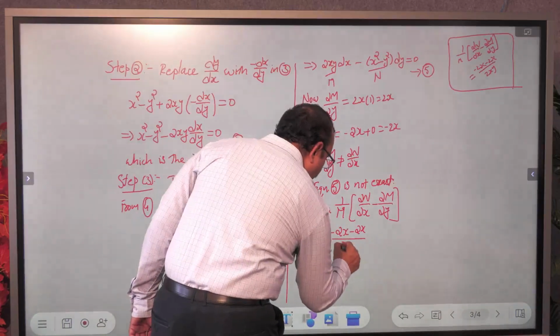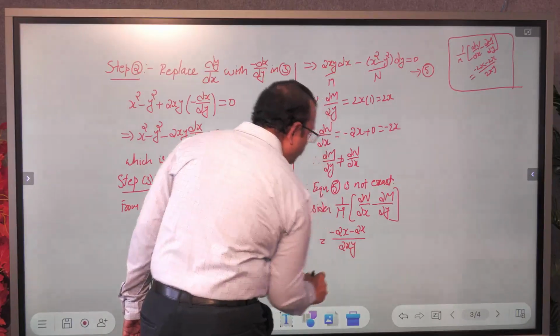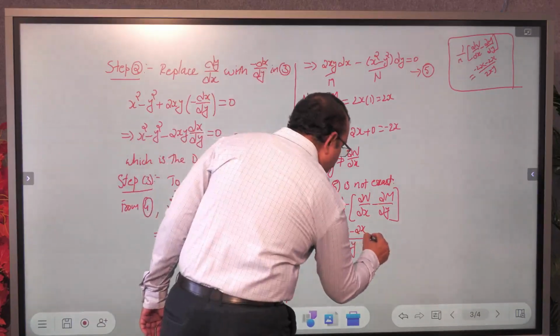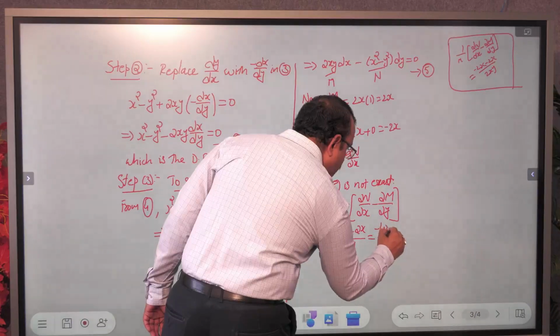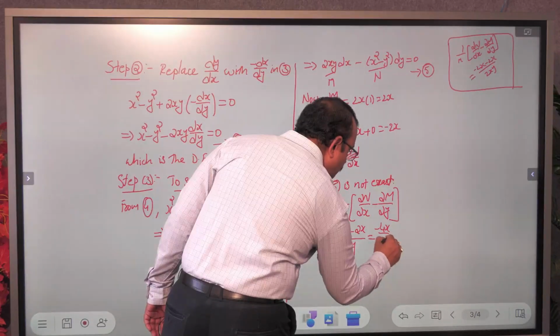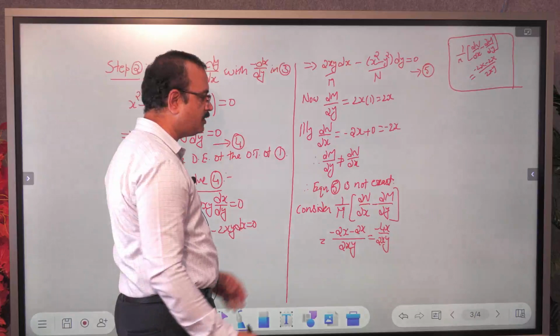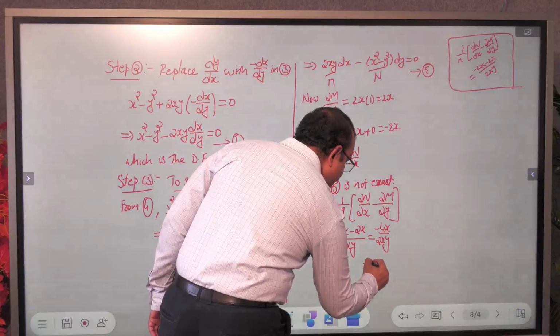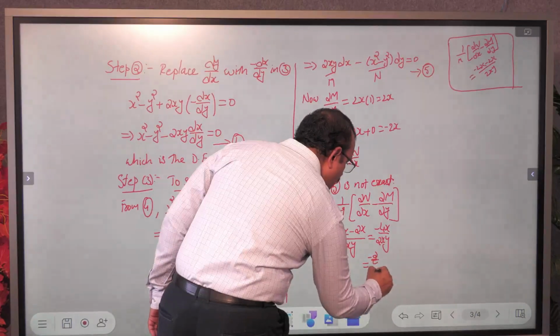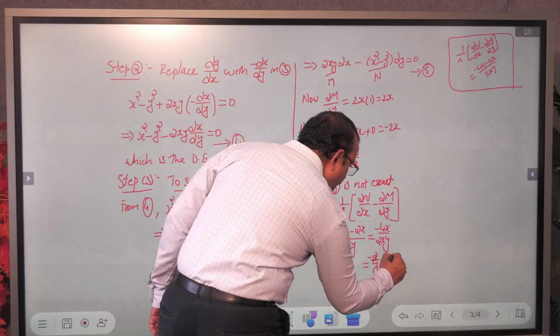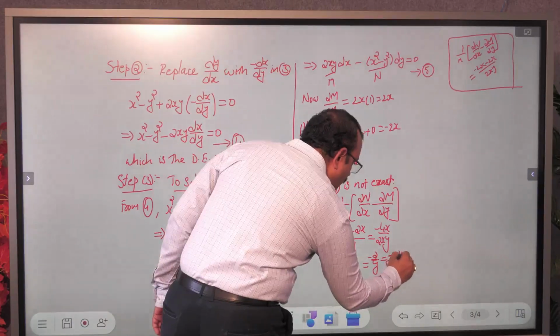M is 2xy. So here we have minus 4x by 2xy. If we simplify this, we will get minus 2 by y. You can call it some g of y, which is a function of y alone.